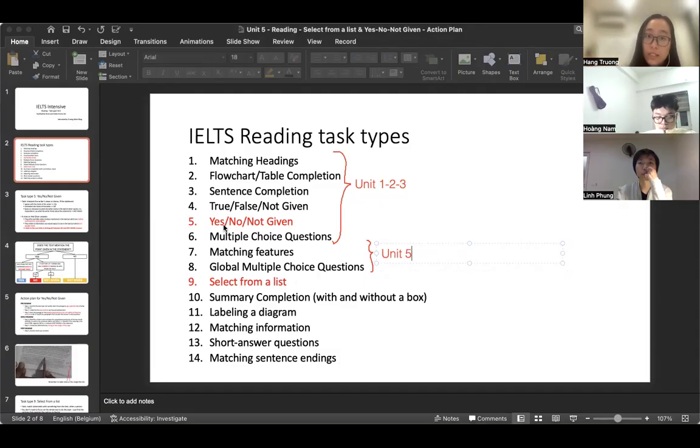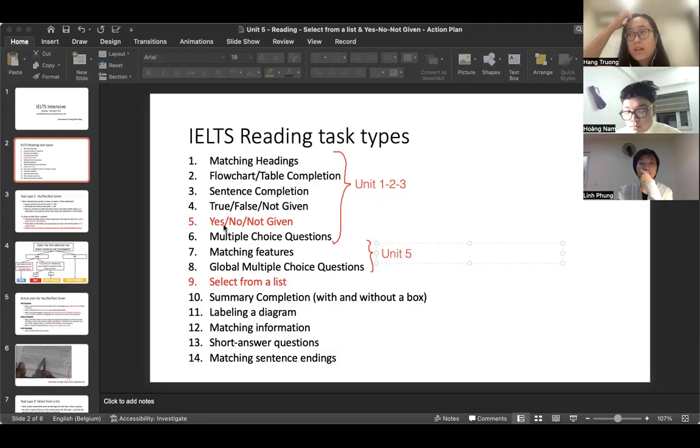So it's similar to last time, true, false, not given, but there is a bit of a difference in the way that the text is written. So usually the nature of the text is, if you can remember from last time, more complex and more argumentative in nature. So it shows the tone and the attitude of the writer more pronouncedly.